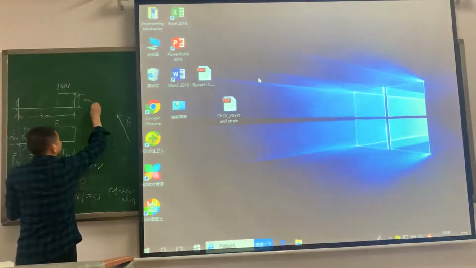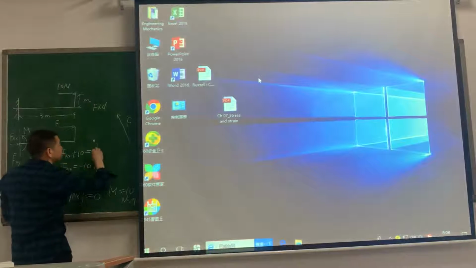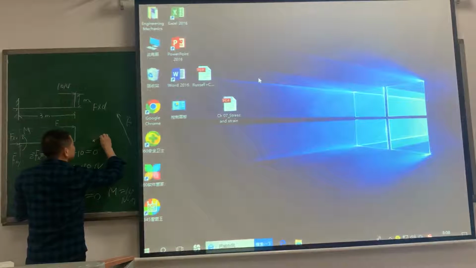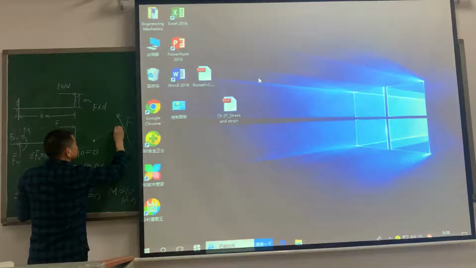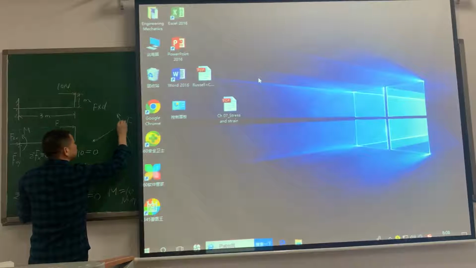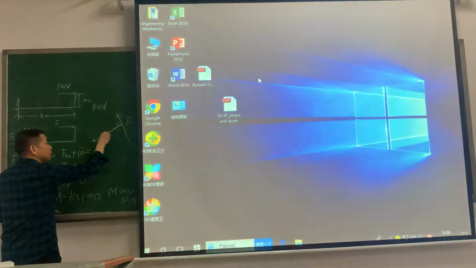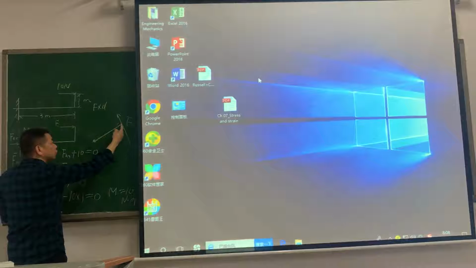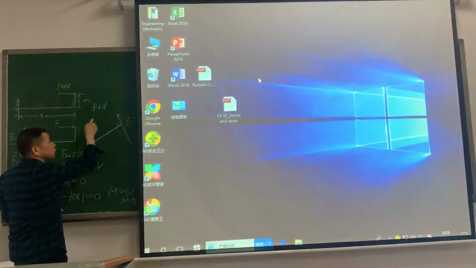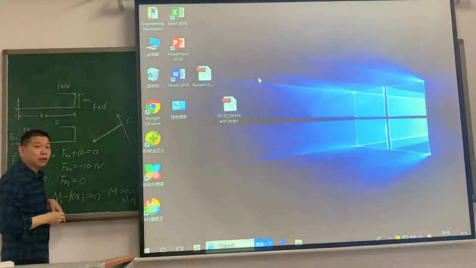It is F times the distance. The distance is: from the point we draw a line. The line is perpendicular to the force. The distance from the point to the force is the length. Understand? Yes.